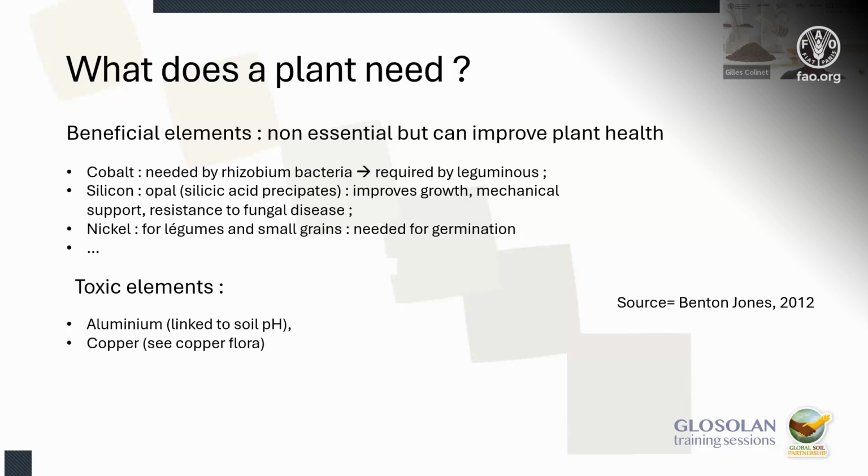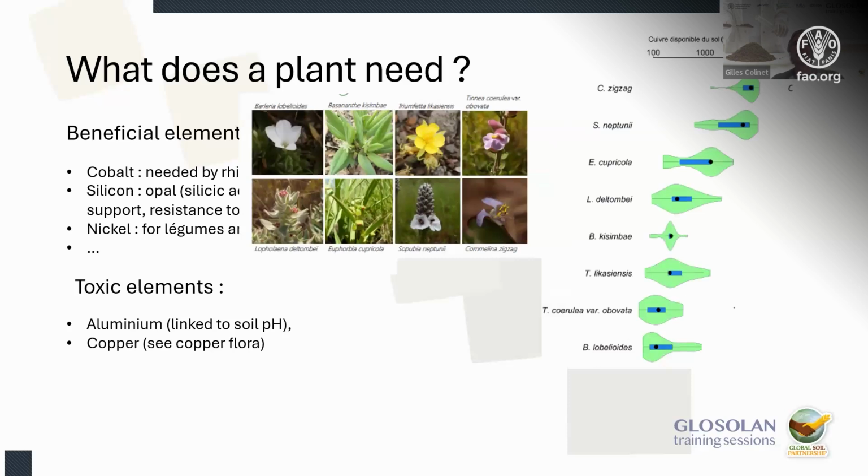And the other one is copper. Copper is a toxic element for a lot of plants, and we have been studying the copper flora in RD Congo, where there are a lot of places contaminated by copper, either on natural outcrops of rocks in the landscape, where you can find a lot of plant species adapted to the copper content in the soil, or other places where the soil is completely bare because of human activities, and the tolerant plants have not been there yet.